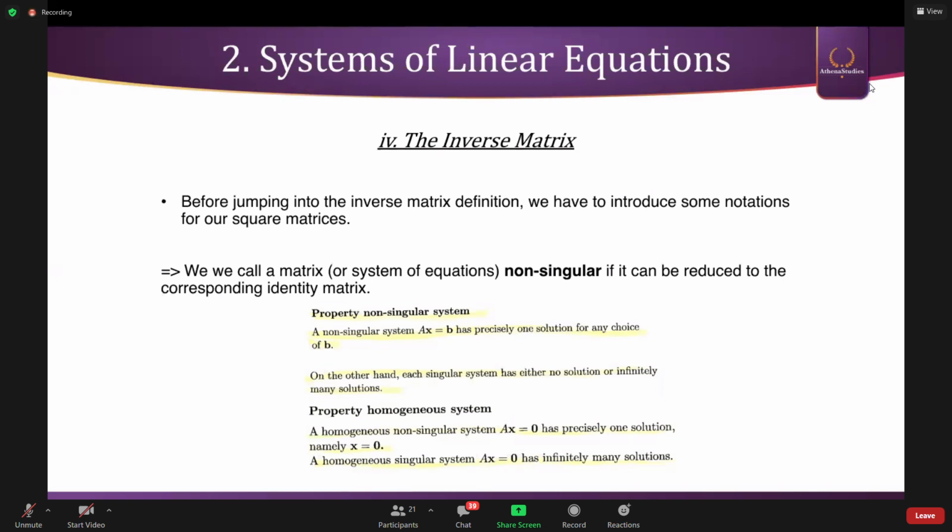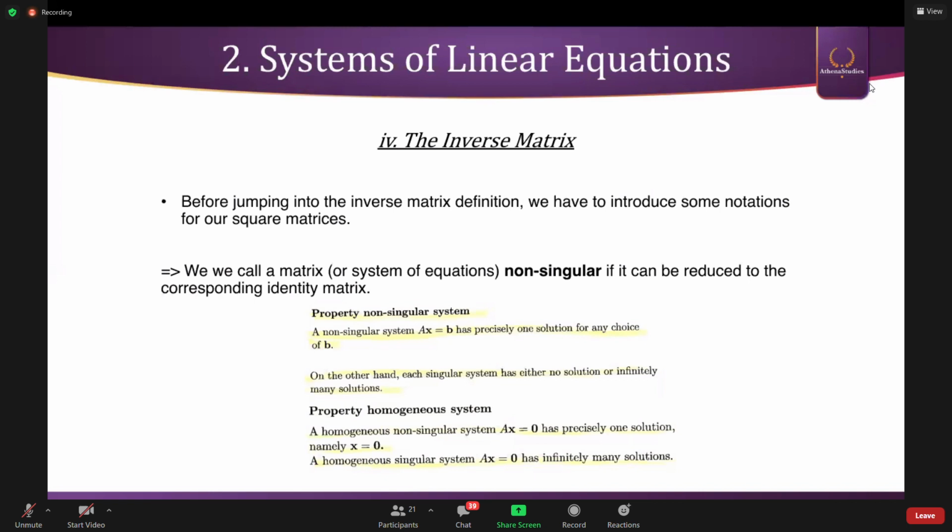Only when we work directly on the matrix, in my opinion, it is a little bit easier because we only work with the coefficients, so we never have to worry about the x's. We will see in some exercises later on, because this is the method we're going to start working with now. This is why we can work with row reduction on the matrix as well. So this is what a non-singular matrix is.